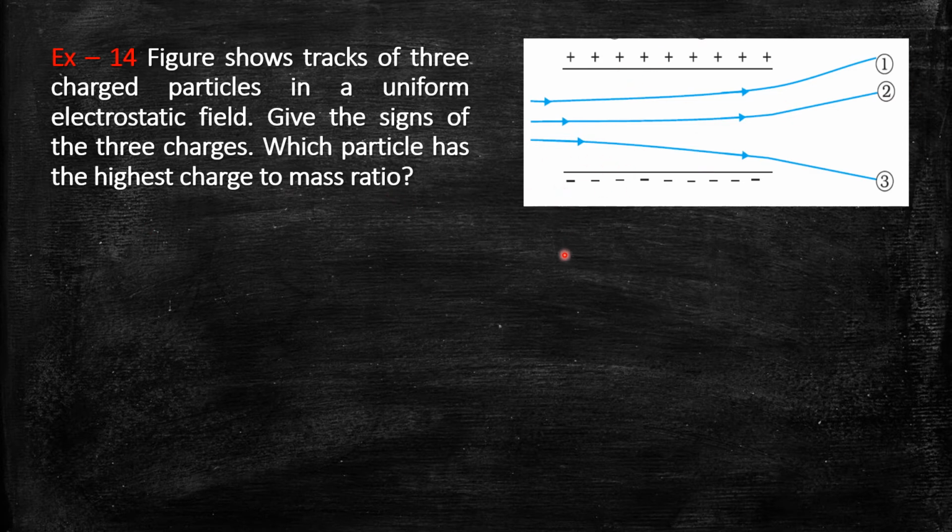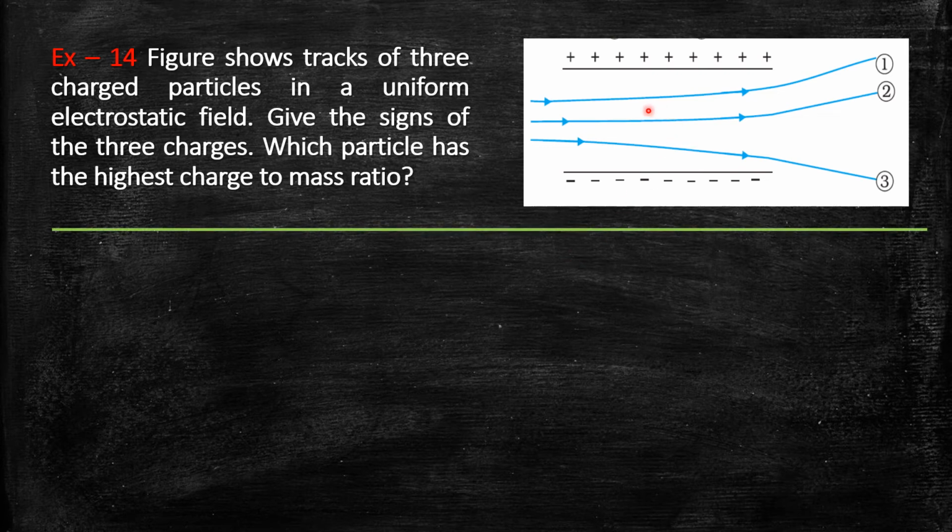How do we decide? First of all, we know that if the first and second particles are deflected in the upward direction, we should be able to understand that these two should be negative charges, isn't it? Then only you can say deflection towards positive charge, affinity or attraction towards positive charge. Now the third one has deflected more, and that also in the downward direction. How do we know more deflection? You can look at the angle of deflection.